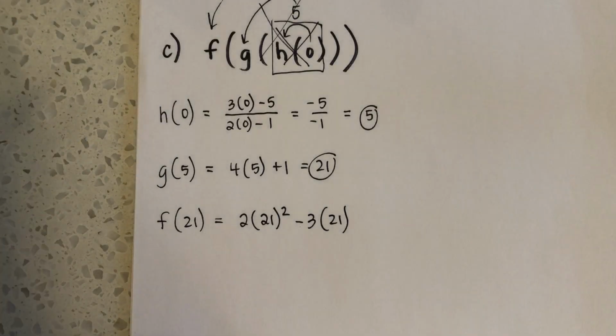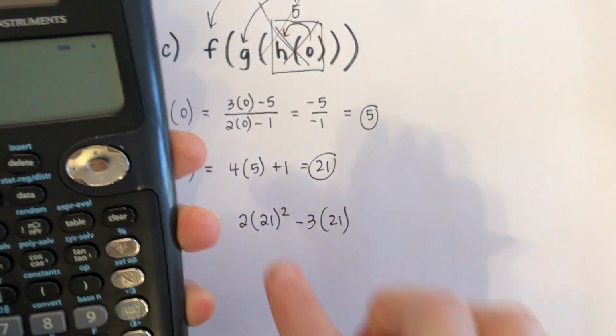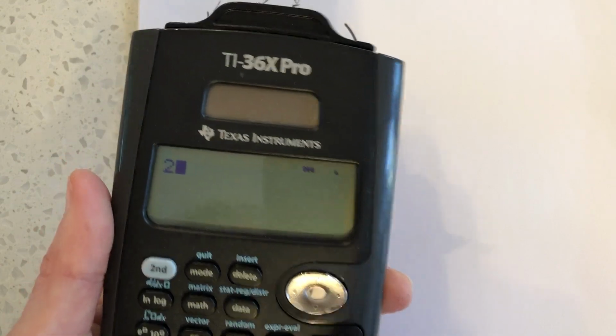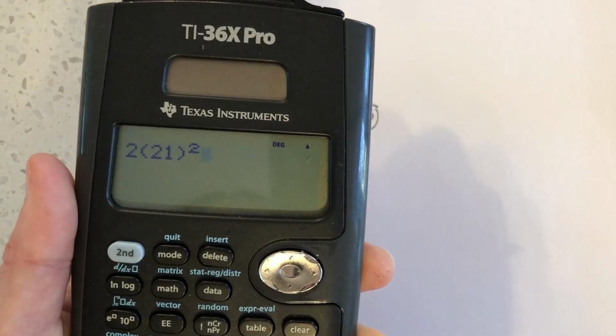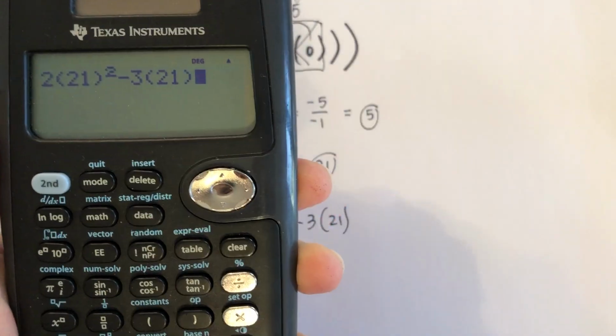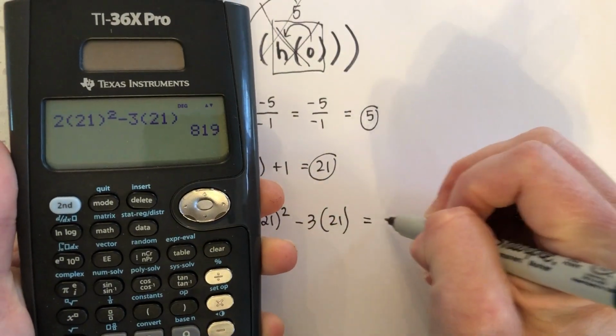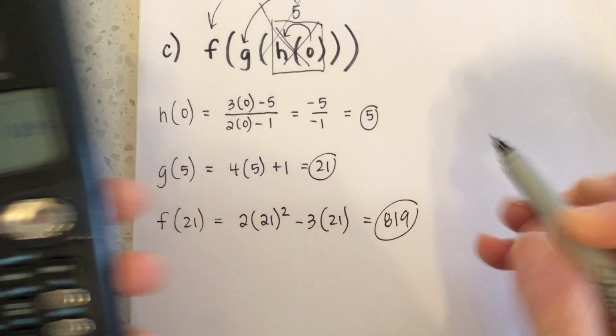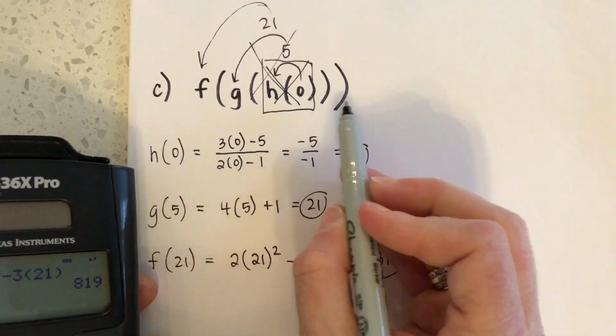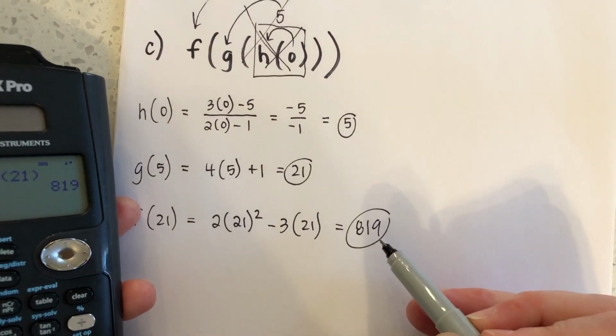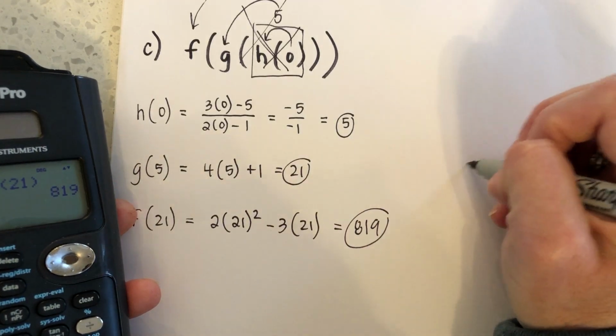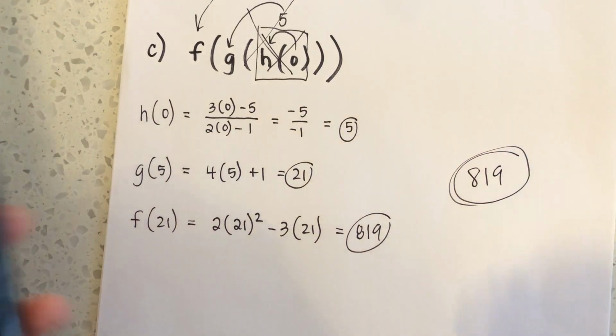Well, I'm just going to plug this one into my calculator because I think I'm going to get a big number with that 21 squared. So 2 times 21 squared minus 3 times 21. Hit enter, and I get 819. So the answer to this whole problem is 819. That's your final answer.